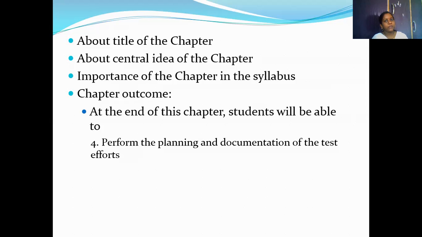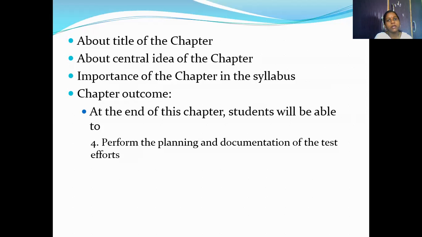So about the central idea of the chapter. If you go into any of the streams in MNCs, like software testing, the test cases you are executing, you are finding a number of bugs, but if you are not able to report them or document those bugs properly as per the rules, then it will be difficult to guess what exactly the bug is.